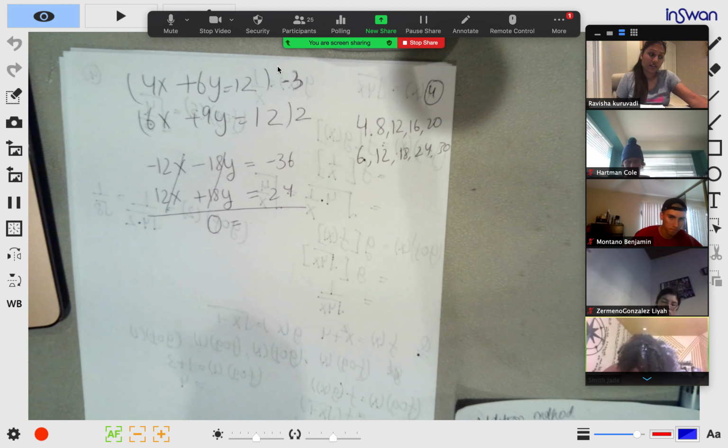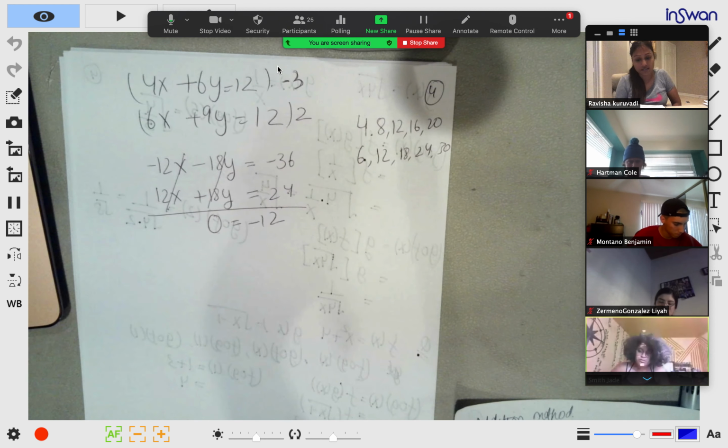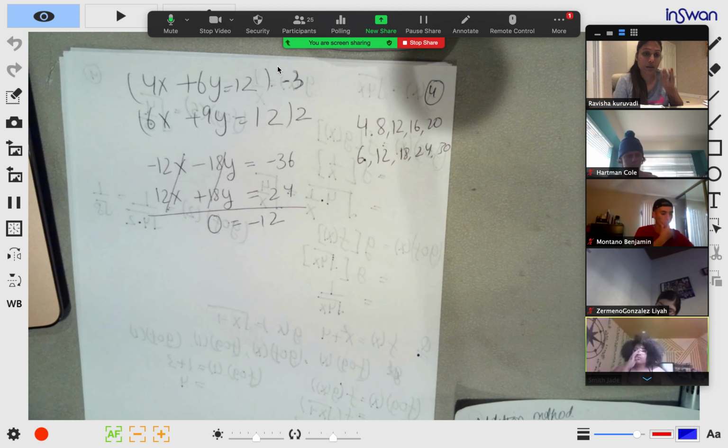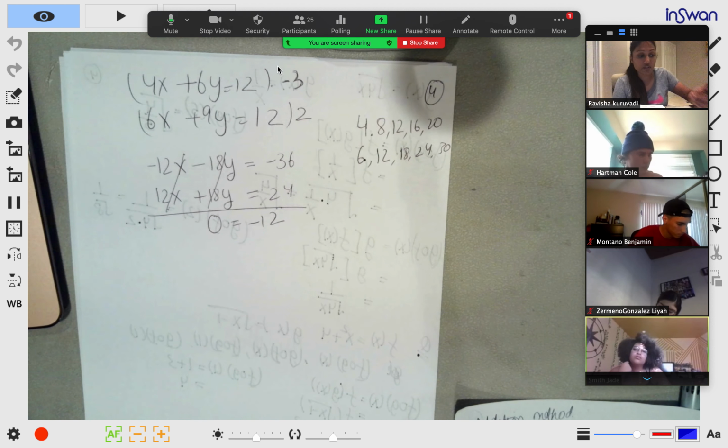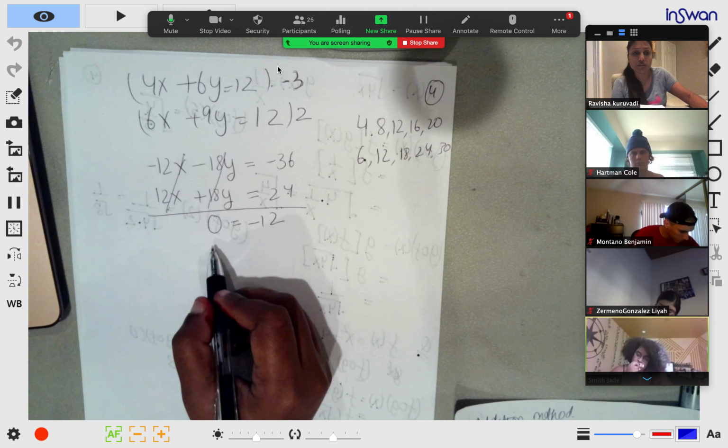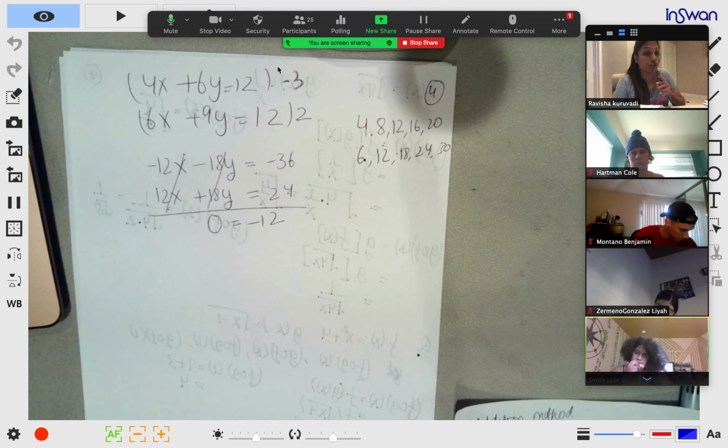Negative 12. In this case, everyone, this is a new kind of question. When you are solving using substitution or elimination, and you come to a point where you get something like this: 0 is equal to negative 12, which is not true, which is false.